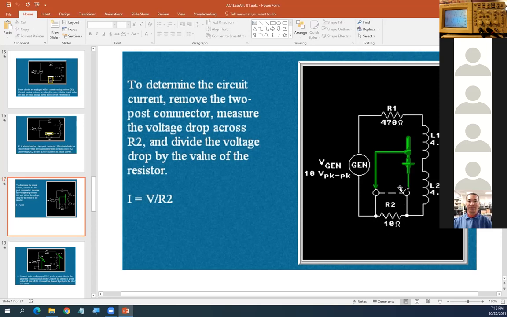You measure the voltage across 10 ohm, you divide by the 10 ohm resistor, you get the current. And that current maybe later on they can use for different things, like they want to compare the phase angle between the current and the voltage across the inductor or capacitor. That's why they use it.